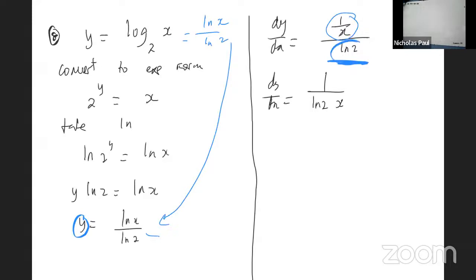And there's a constant, so I could have written it like this: 1 on ln 2 times ln x. So the differential of ln x is 1 on x, and I multiplied by 1 on ln 2. Or if you want, you could use the quotient rule, but ln 2 is a constant.